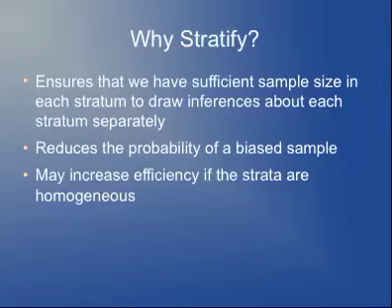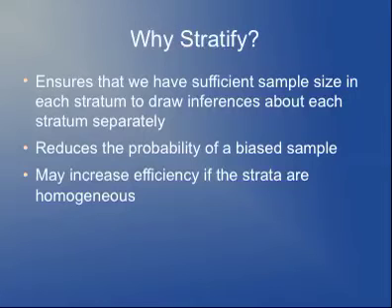And so what's the point of this? Well, as I said, it's related to the idea of blocking. But aside from the blocking consideration, for starters, it just makes sure that we have a sufficient sample size in each stratum to draw inferences about each particular stratum.